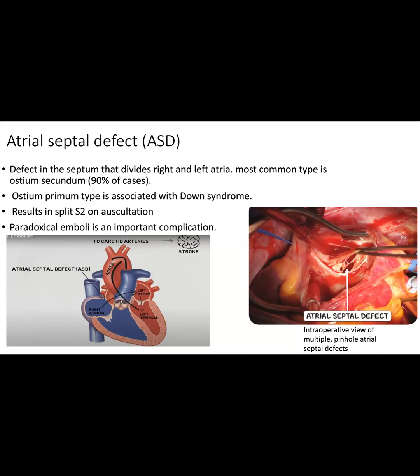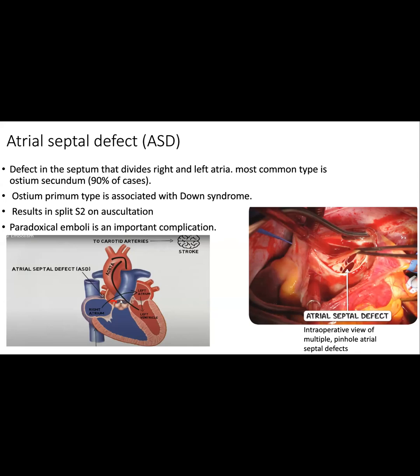However, because we have an opening here, it's possible that this embolism that comes by the venous return crosses over to the left side, in which case it enters the systemic circulation because it enters the left side of the heart, and it can then potentially lodge in the brain and cause a stroke.